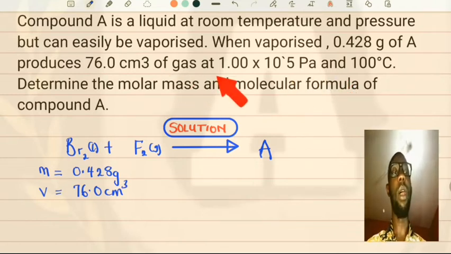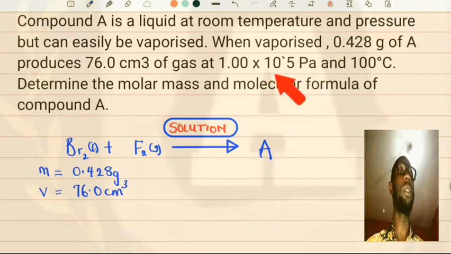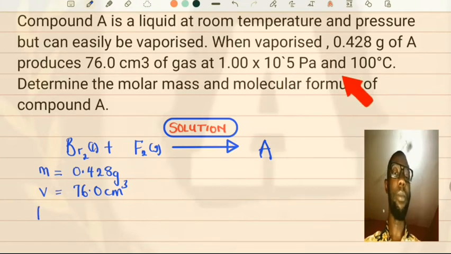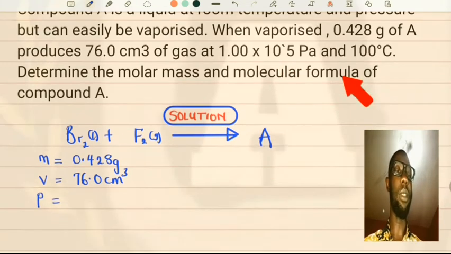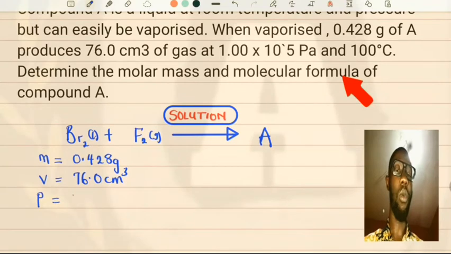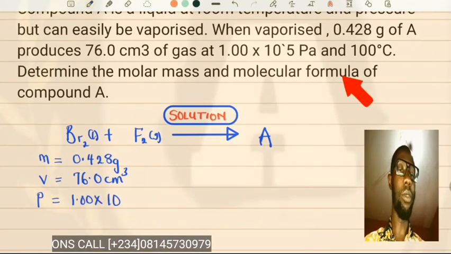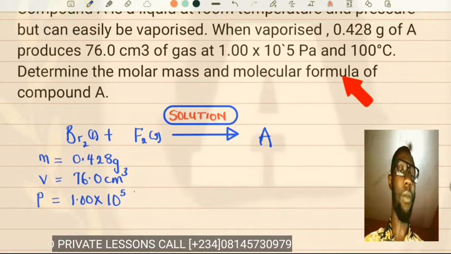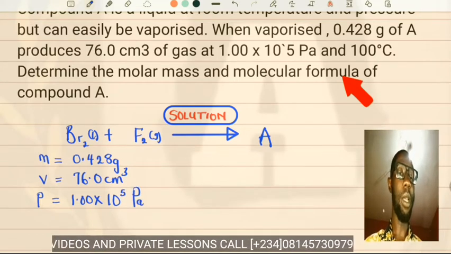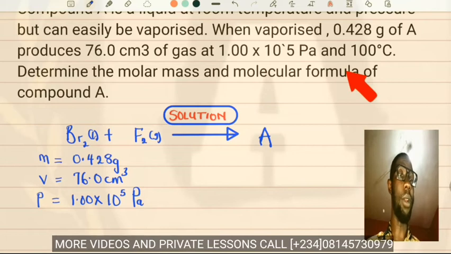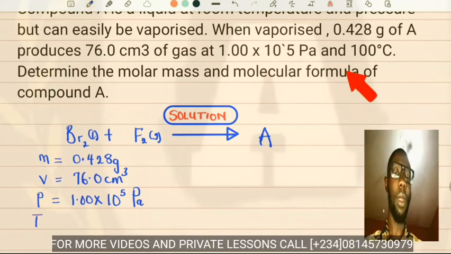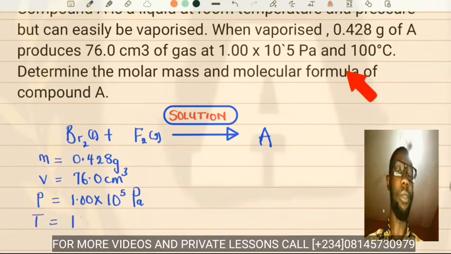Then we have the pressure given. Pressure has been given to be 1.00 multiplied by 10 raised to the power of 5 Pascal, and 100 degrees Celsius. That is the temperature.